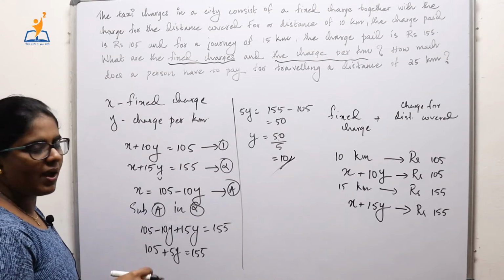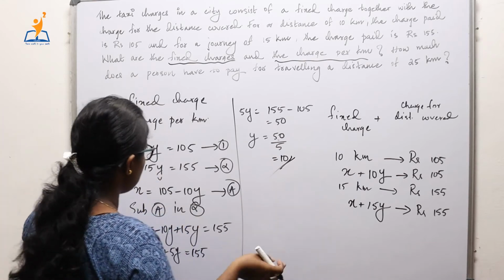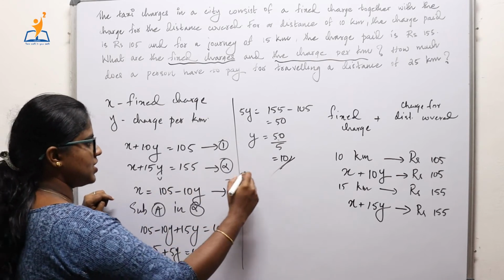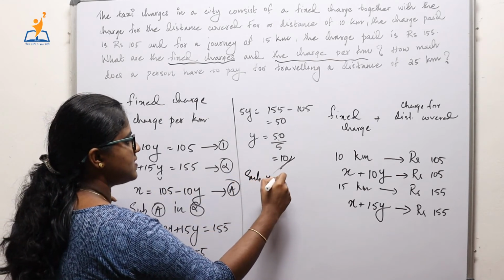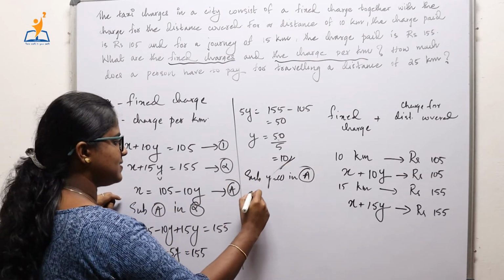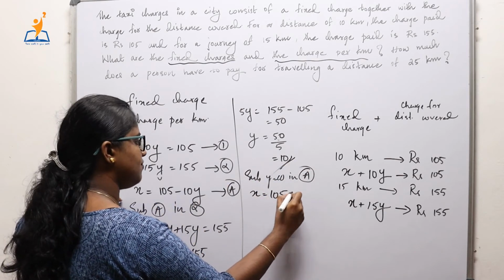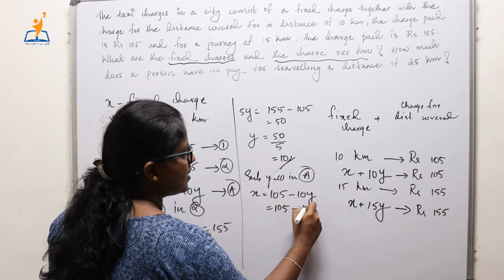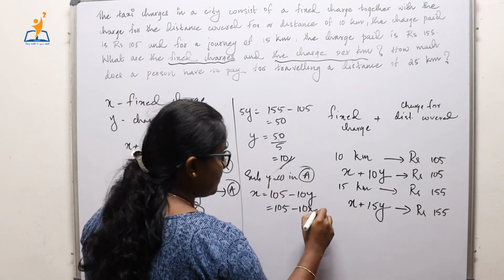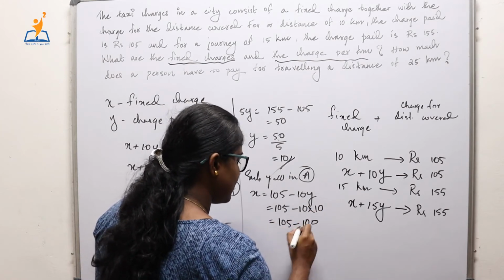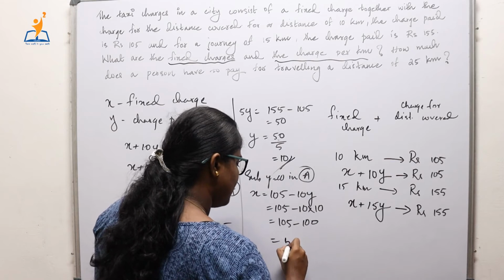So we got y as 10 rupees. Now in order to find x, we have to substitute this y value in equation number A. Substituting y is equal to 10, x is equal to 105 minus 10y, that is 105 minus 10 into 10, which means 105 minus 100, which is 5 rupees.